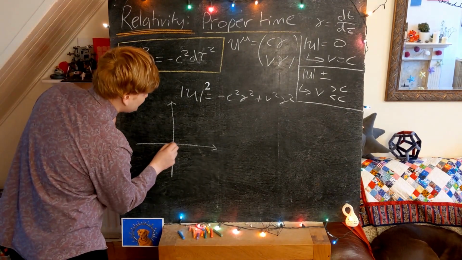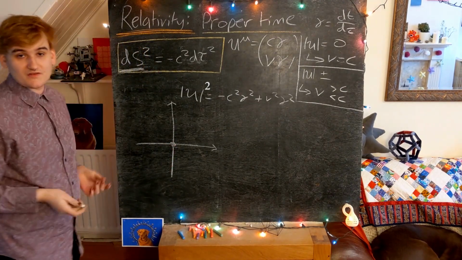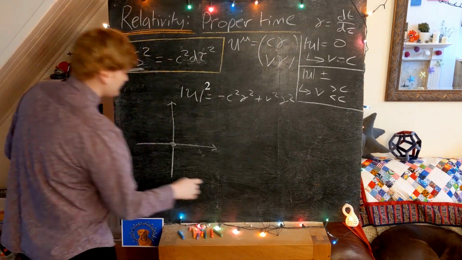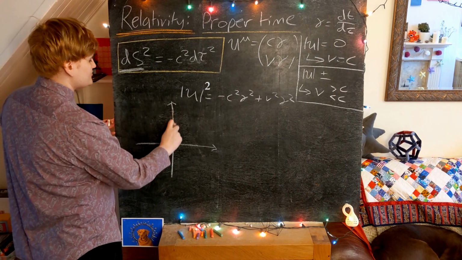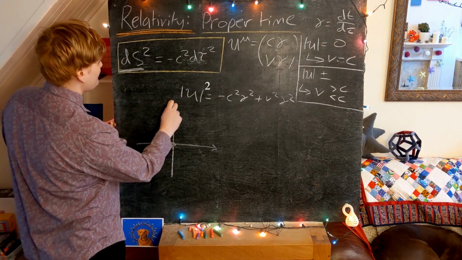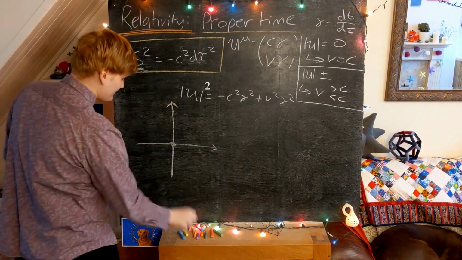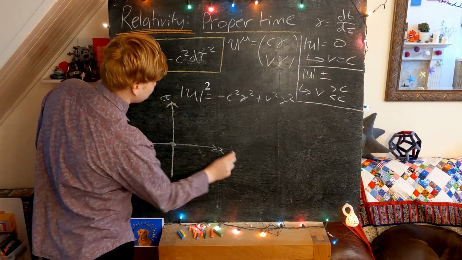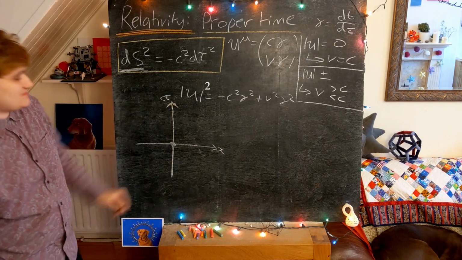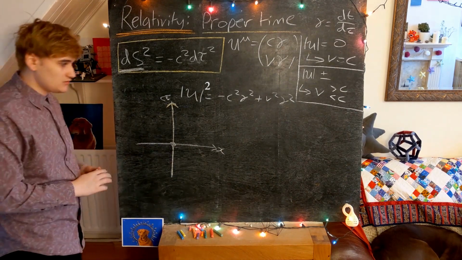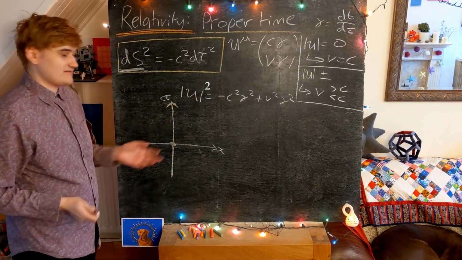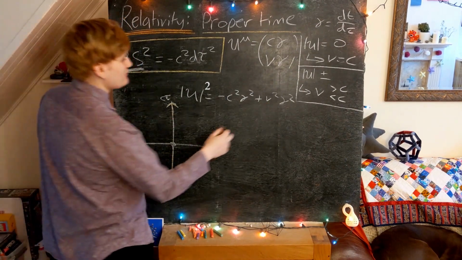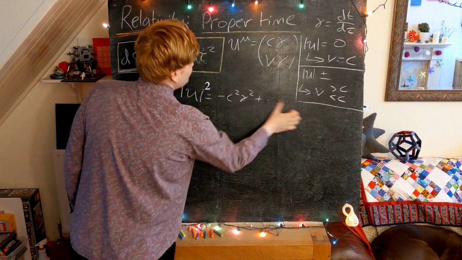So essentially we're measuring the length of four-velocity in your own reference frame. So if you remember, in your own reference frame, you just travel along the time axis, world line, which we said was this c tau, and you don't move in the space direction at all. So essentially, in your own reference frame, your coordinate velocity is always going to be 0. So we can just remove this entirely.